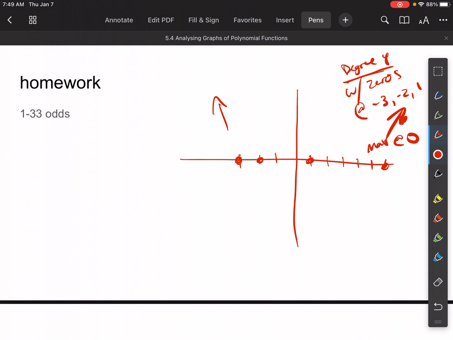Since that is the case, and I know that I have a maximum here at 0, then I know that this thing could come down through here, could go up through here, could come down through here, and do this kind of W shape. So be comfortable, and I think there's a couple homework questions related to that. Be comfortable doing something like that and sketching one of these given some parameters.